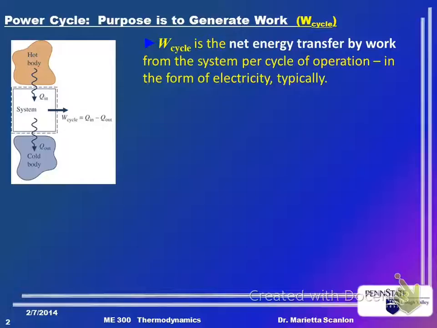Q out into a cold body. The cold body is water, so it discharges heat into a cold body. Combustion gases are the Q in. The work out is what you're generating, okay? So a power plant is an example of a power cycle. As we get further in the semester, we'll start really looking at power plants and identifying each process.